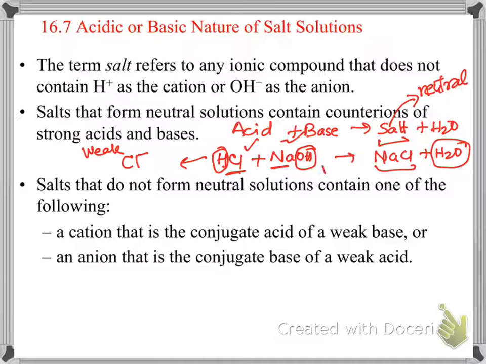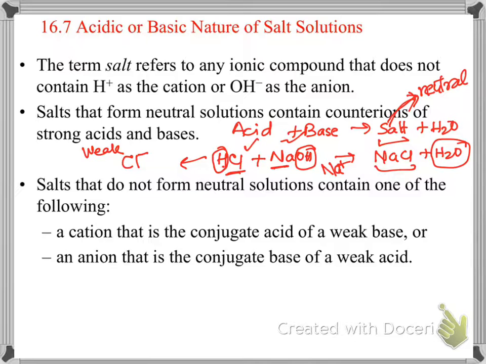For NaOH, the corresponding cation will be Na plus. And since it's a strong base, its conjugate acid is going to be very weak. So weak and weak cannot make something strong. So the important thing is, if you're using a strong acid and a strong base, the salt will be neutral.